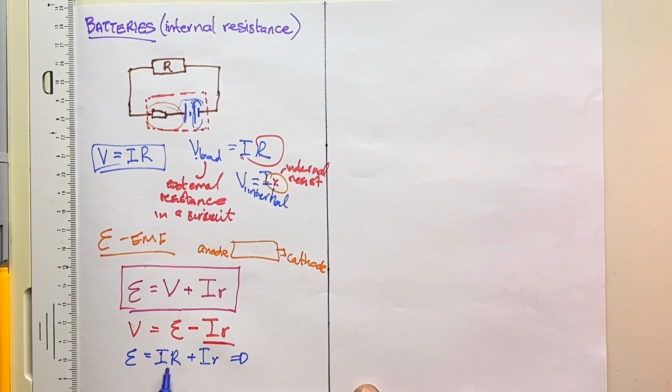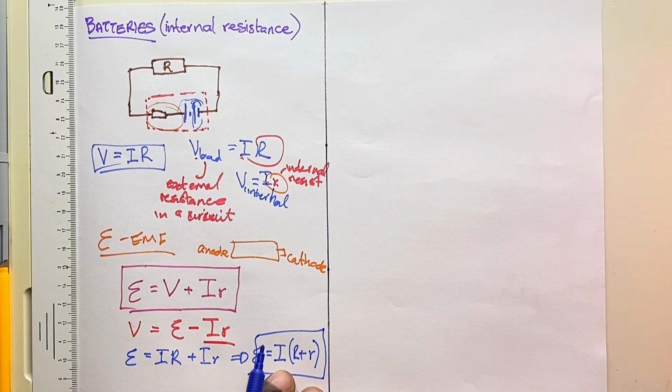Now, if we take the current as a common factor, that means my EMF is given by current multiplied by external resistance plus the internal resistance. This is my favorite equation, and we will use it a lot in the problems that I'm about to do.